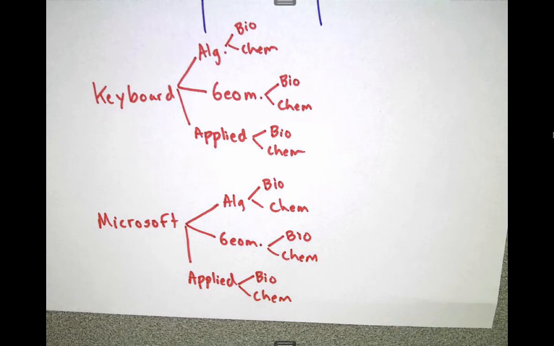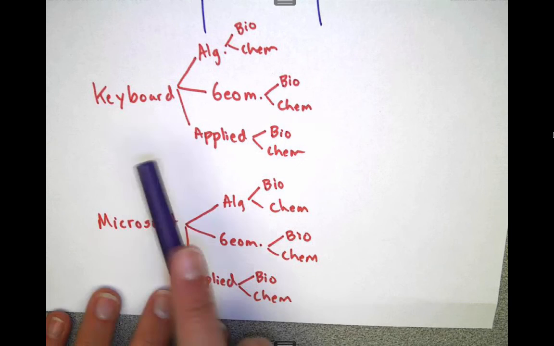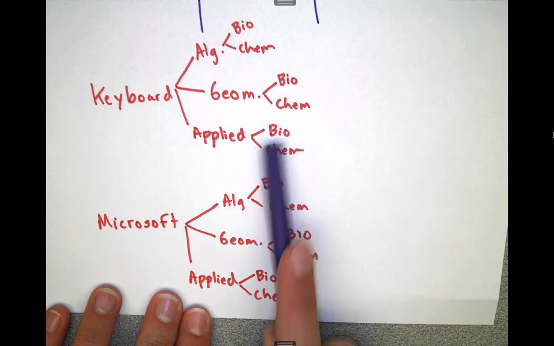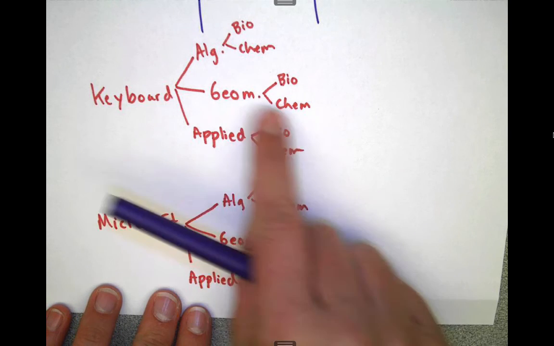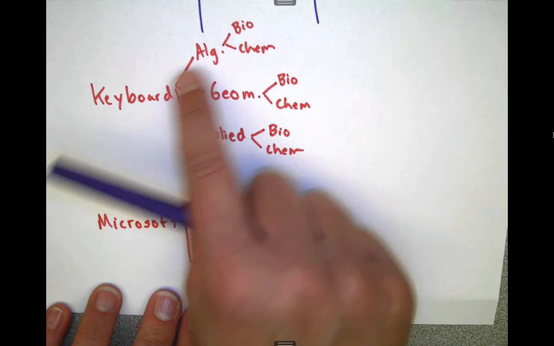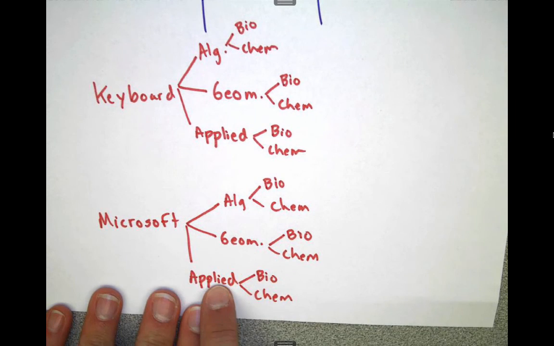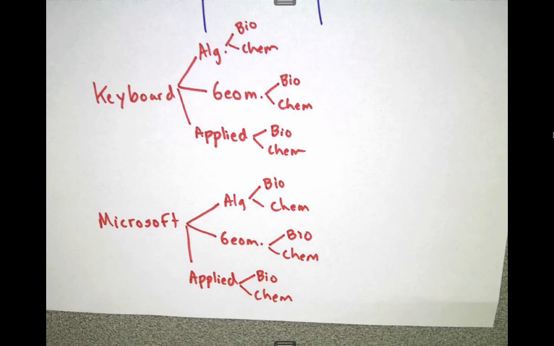And if you were like a high school counselor in charge of scheduling all the classes, this might be something you have to do to run through all the options. So look, a kid could be like, okay, I'm going to take keyboarding, applied math, and biology. That could be their schedule. Or I'm going to do keyboarding, geometry, chemistry. Or keyboarding, algebra, chemistry. Or maybe I'm going to do the Microsoft class with applied math and biology. These are all options.